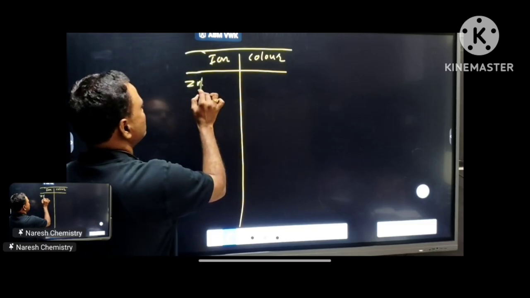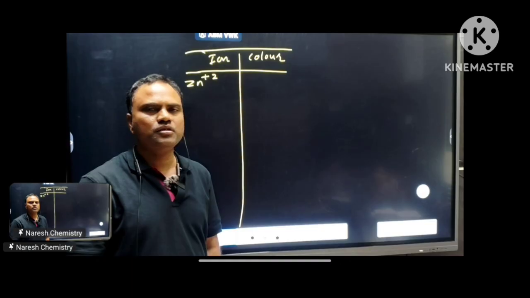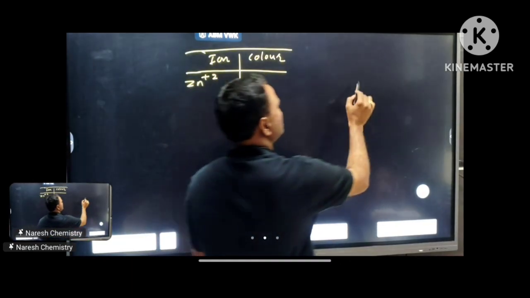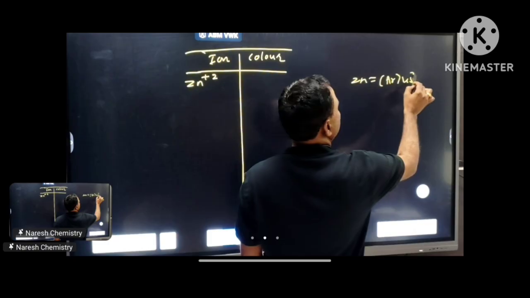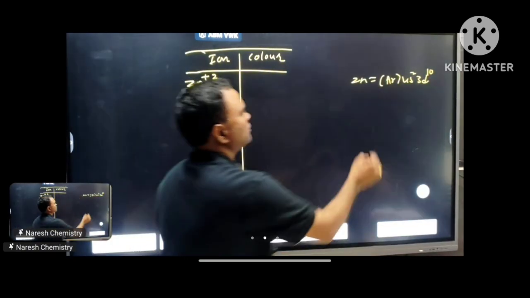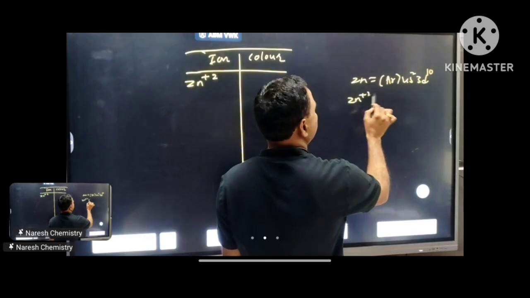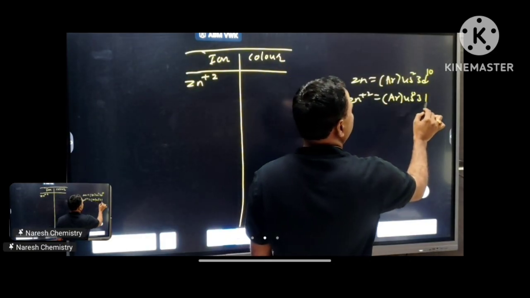Zn plus 2. In Zn plus 2, is there any single electron? All are paired only. Zinc configuration is argon 4s2 3d10. Zn plus 2 means argon 4s0 3d10.